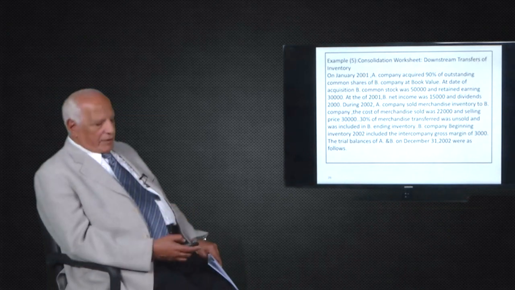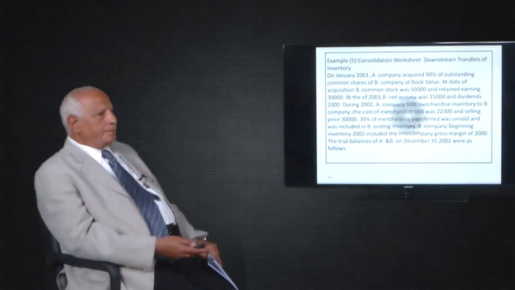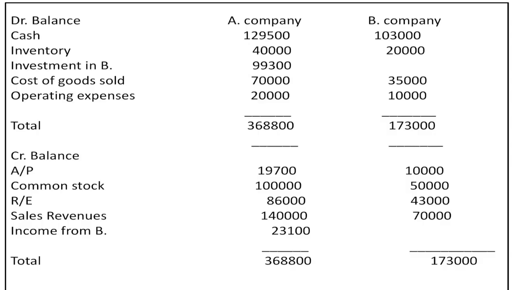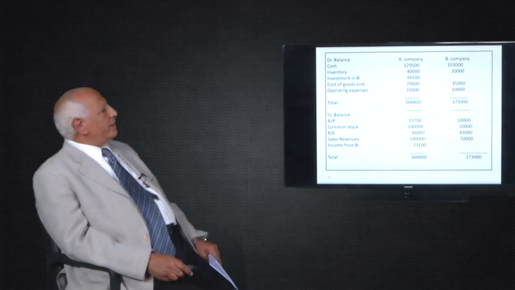Let's see what you have in the trial balance, please. Debit balance first, A company, B company: cash, inventory, investment in B, cost of goods sold, and operating expenses. That's all for A and B on the debit side, with the total.